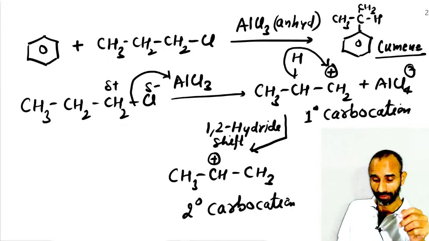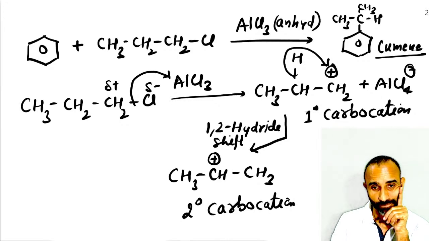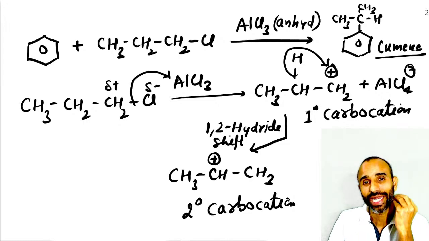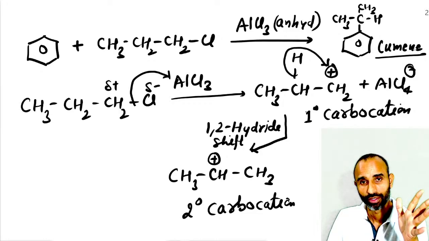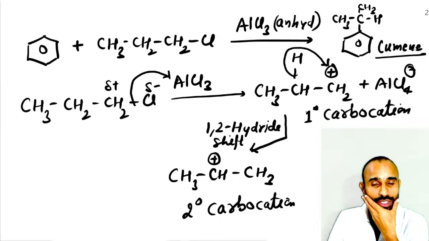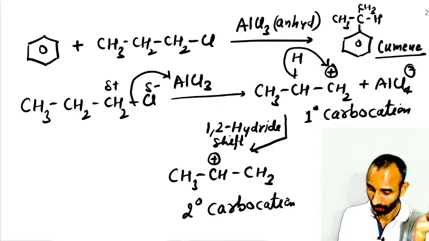If we react this with KMnO4 we get benzoic acid. With KMnO4, any alkyl group turns into benzoic acid, as long as it has a benzylic hydrogen. Okay. Now, Friedel-Crafts acylation.